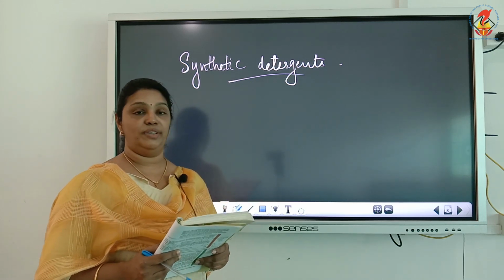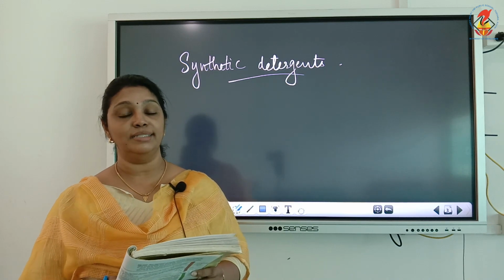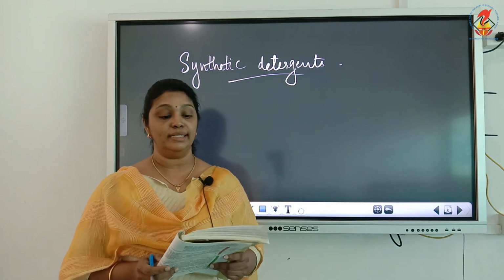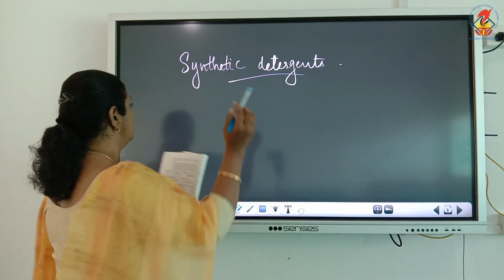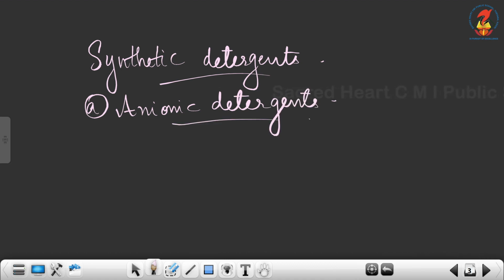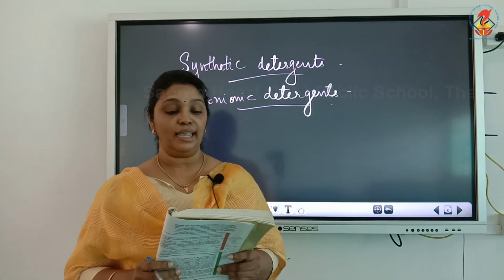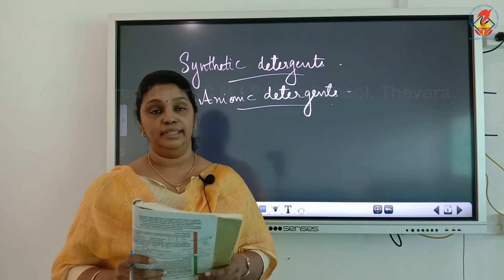They are classified into 3 types: anionic detergents, cationic detergents and non-ionic detergents. So first let's discuss anionic detergents. In anionic detergent, the anion part is involved in cleansing action. Now what are anionic detergents?